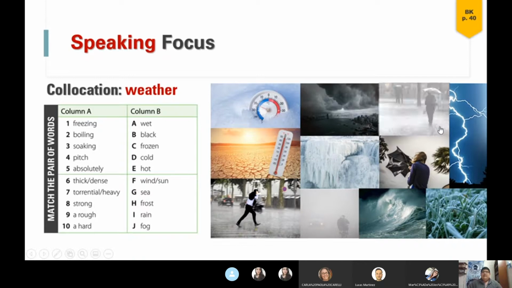Then look at this other. Torrential heavy rain. Oh yes, it is a torrential rain or a heavy rain, okay?